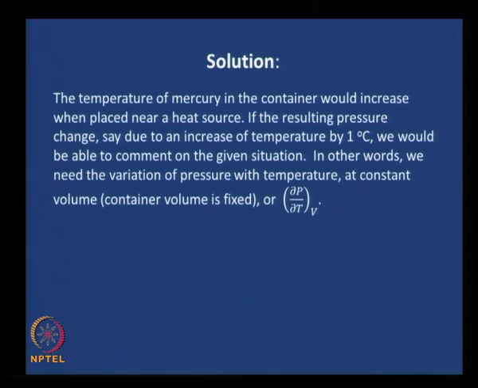If we know the resulting pressure change, say due to an increase in temperature by 1 degree C, we would be able to comment on the given situation. If the pressure is going to exceed the pressure that the vessel can withstand, there is going to be an explosion, or a disruption of the vessel, and therefore spillage of mercury into the lab.